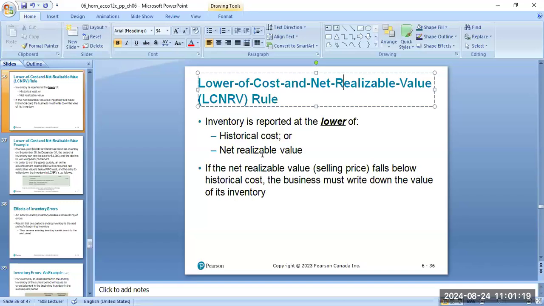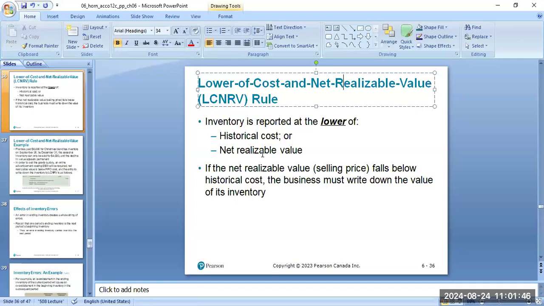For the cell phones that you had, let's say you sell 500, you still have 500 left. But the market price went down, and the market price is $500. Again, your cost is $800.